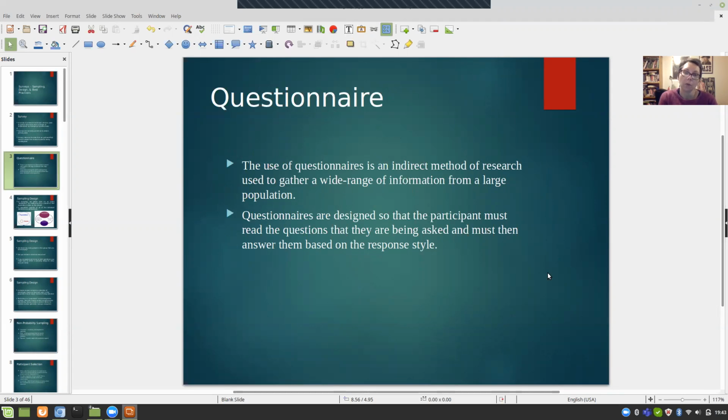The whole purpose of the questionnaire format and what makes it totally different from, say, an interview or some of the other methods that we're talking about in this class is that it's really good for getting information from a very large population. It's really good for getting information that's very standardized across that sample of your population so that you can analyze it quantitatively, meaning that you can gather statistics that say, I'm sure that this is true for this population, right?